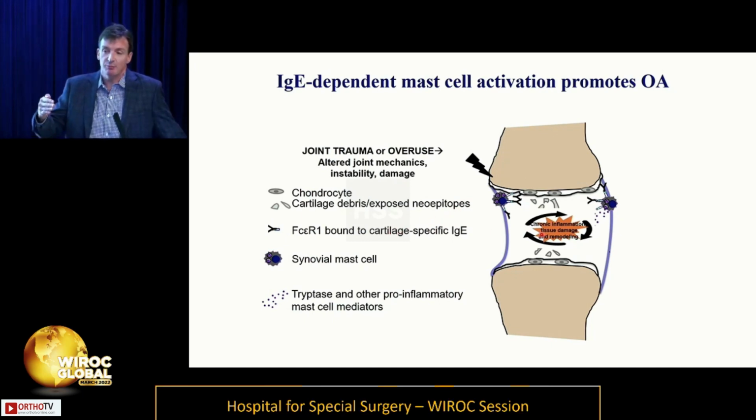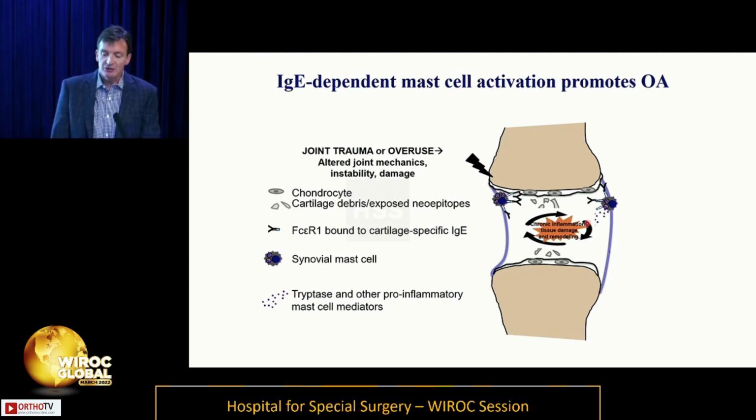We show, obviously, that depletion of peripheral serum IgE protects mice, but the IgE enters the joint, is coupled with the mast cells, and results in their activation, results in the production of tryptase, which degrades cartilage, as well as multiple other inflammatory and degradative mediators. And this results in the progression of joint destruction and the breakdown of the joint.